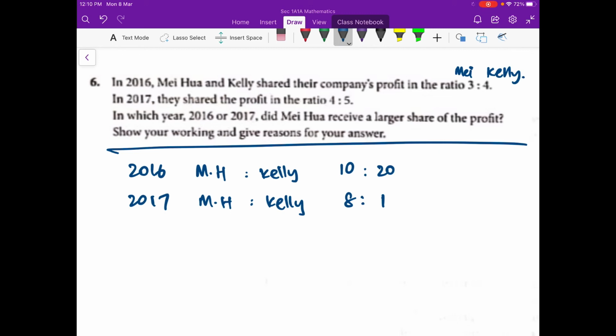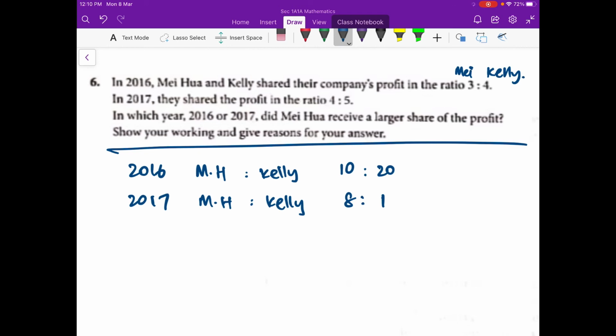2016 or 2017? 2017. Okay, let's do a quick poll. Who thinks in 2016 she got more money? Who thinks in 2017 she got more money? Okay, correct. In 2017, she actually received more.